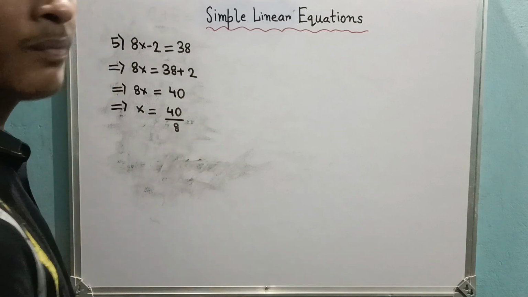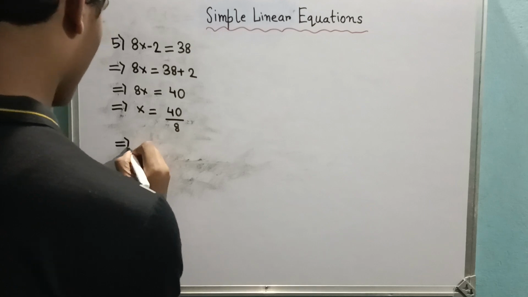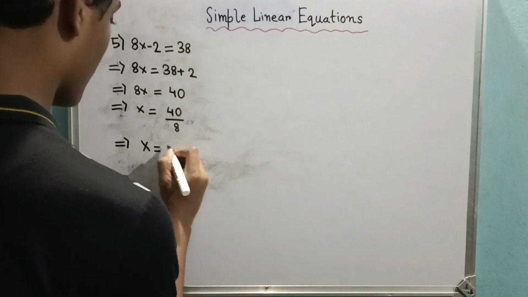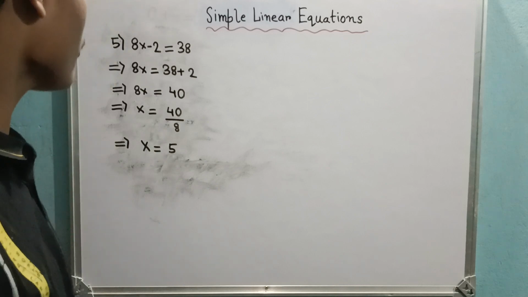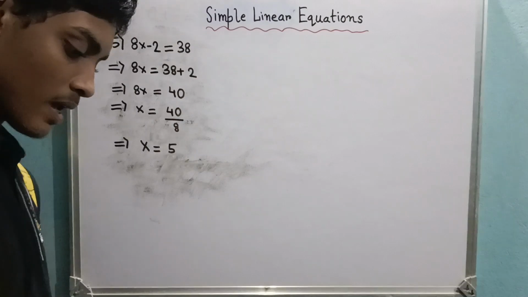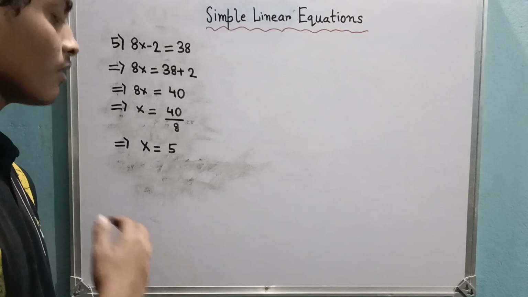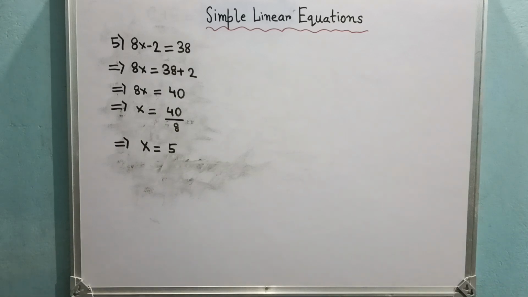And if we just do simple division, we know that the answer will be x equal to 5. So this is the first proper equation that we have come across, and we will get into larger versions of this type of equations. Okay, so let's see what we have next.